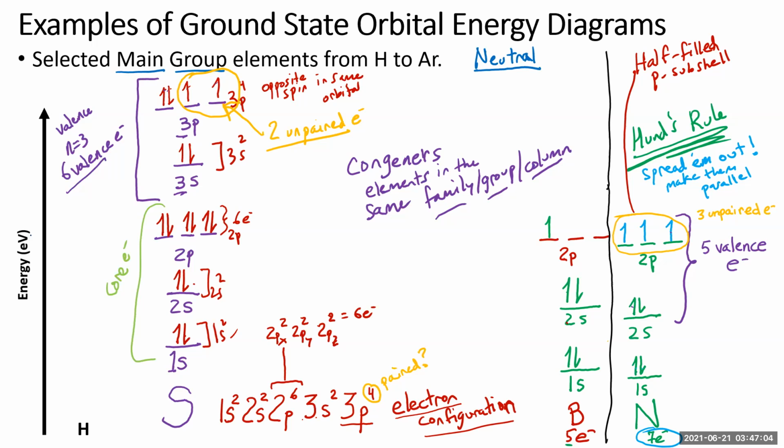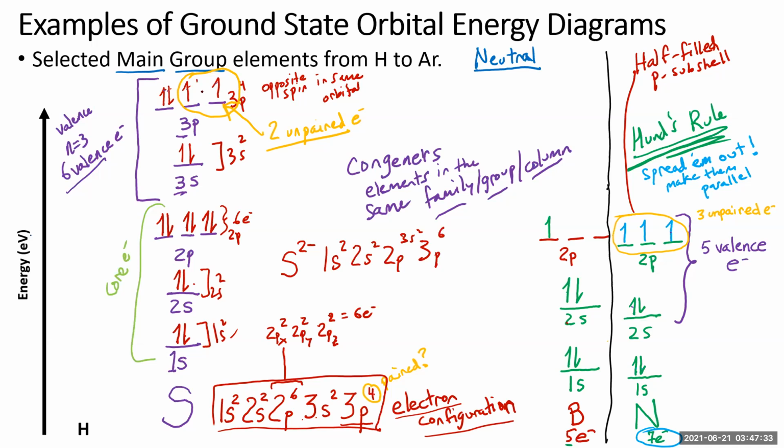Likewise with sulfur. So sulfur has the electron configuration 1s2, 2s2, 2p6, 3s2, 3p4. What about sulfide? Sulfide with a 2- would have the electron configuration 1s2, 2s2, 2p6, 3s2, 3p, 4 plus 2 is 6.